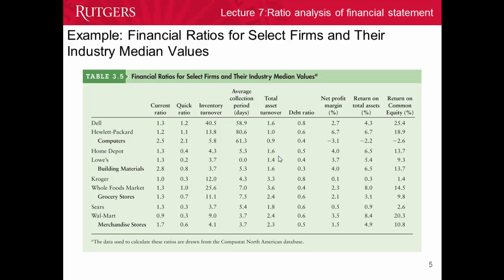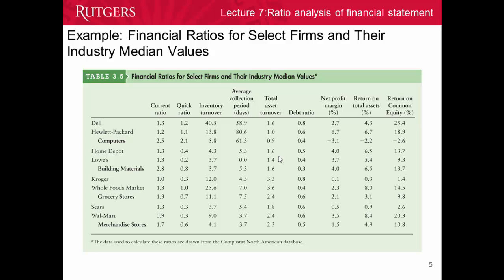If we compare these ratios with computers, which represent industry average, this is called comparison with industry average. You would notice that actually Dell and HP have similar current ratios with each other, but much different from industry average.